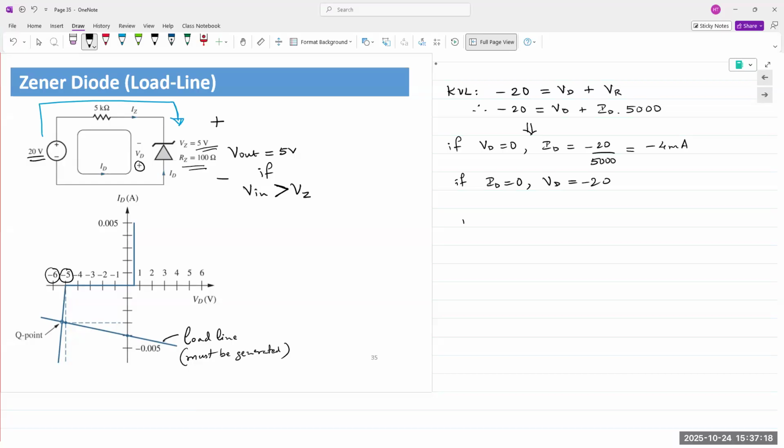But if VD is minus 5, then ID is, plugging in, minus 3 milliamps. Okay, 20 minus 5, 15. 15 divided by 5 is 3.